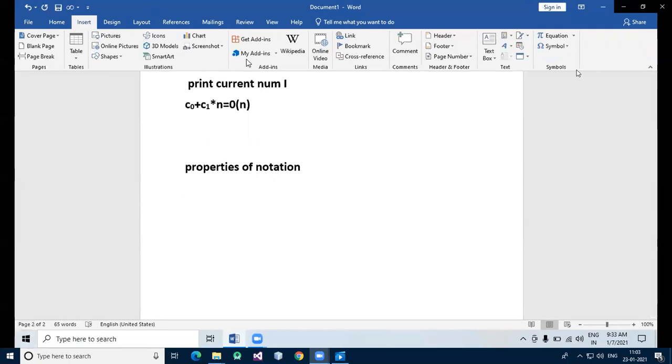Here the properties and symbols are all given, so you have to just, okay, just one minute. Okay, let's see first the transitive properties.